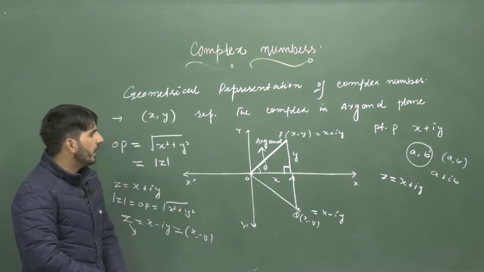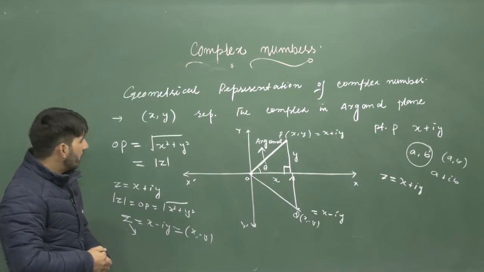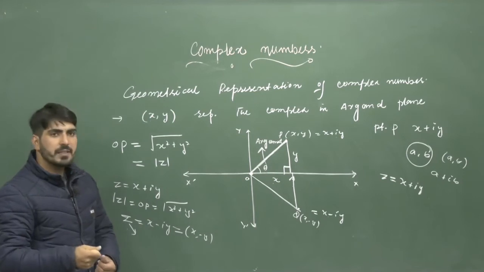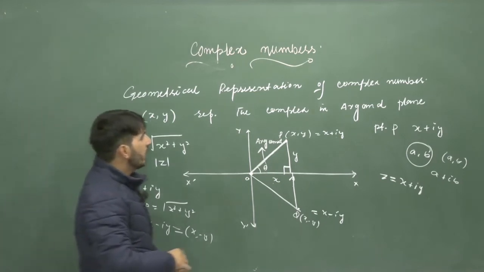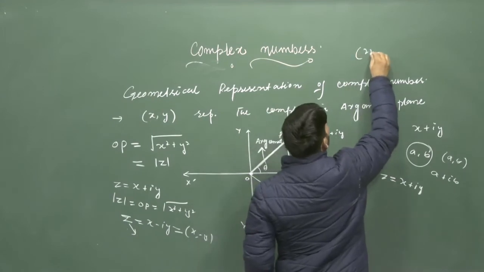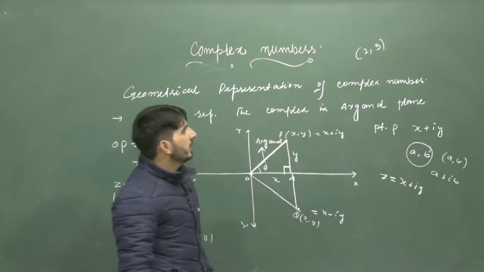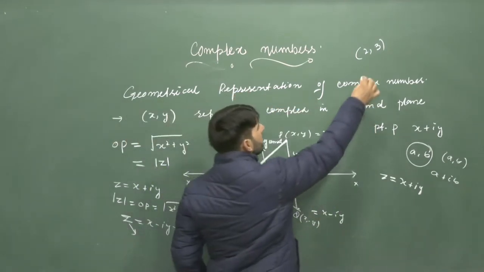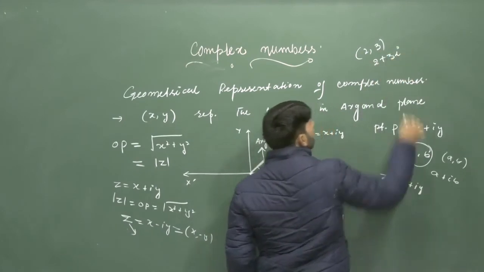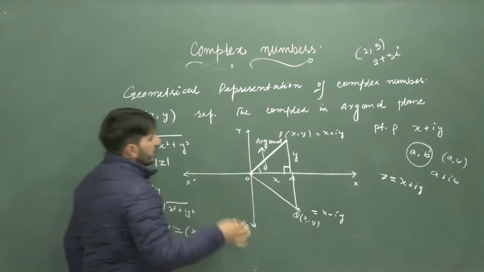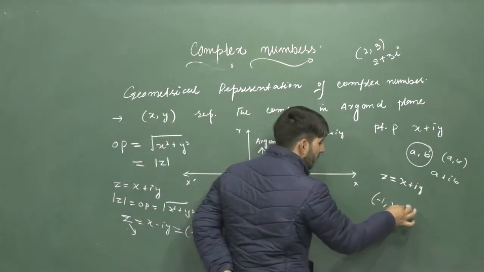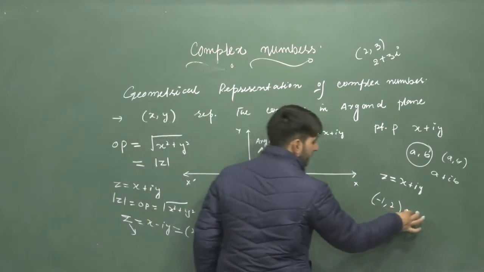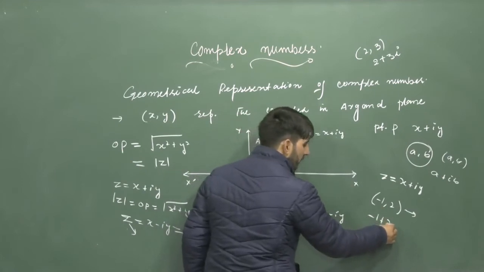So we can remember that every ordered pair in the Argand plane represents a complex number. For example, the ordered pair (2, 3) in the Argand plane represents the complex number 2 plus 3i. In the same way, the point (minus 1, 2) in the Argand plane is the complex number minus 1 plus 2i.